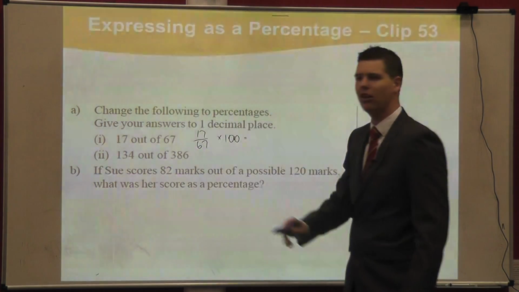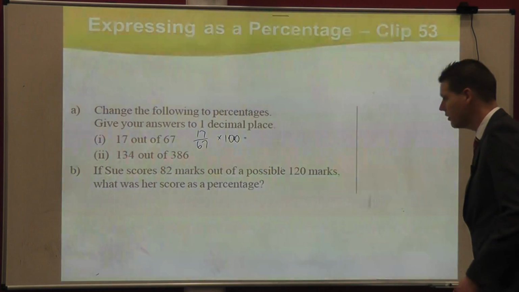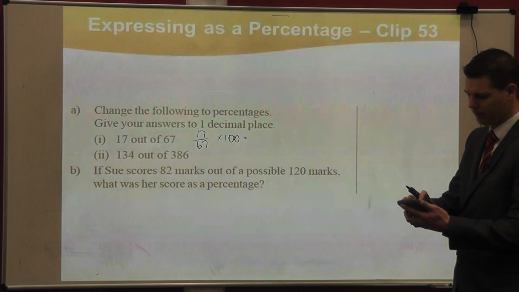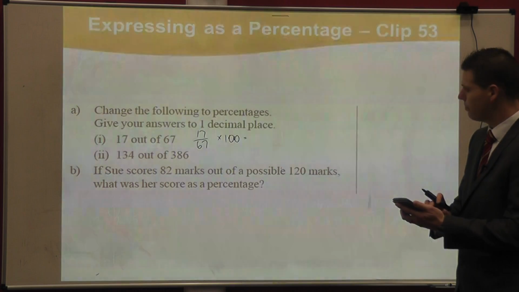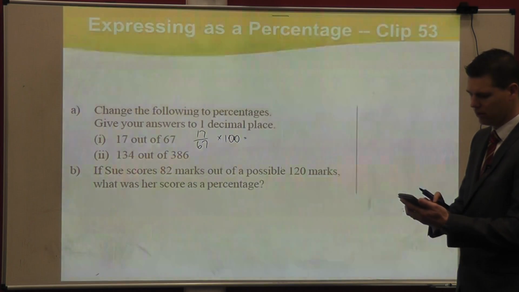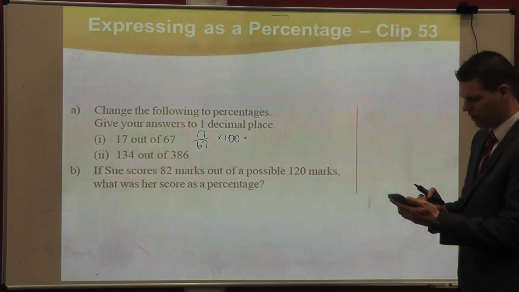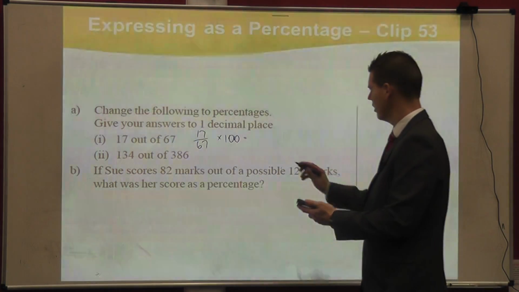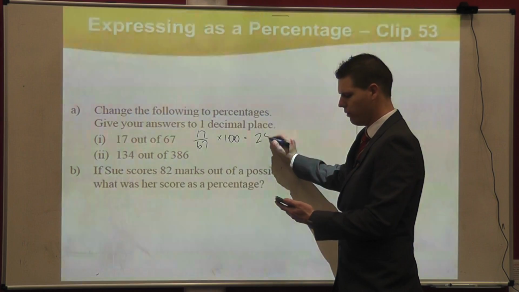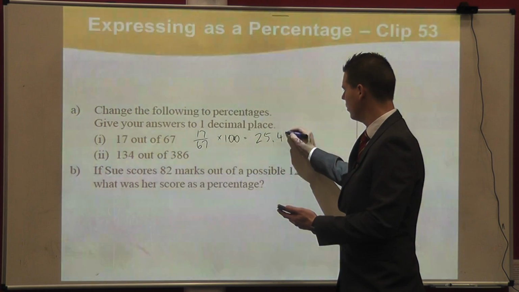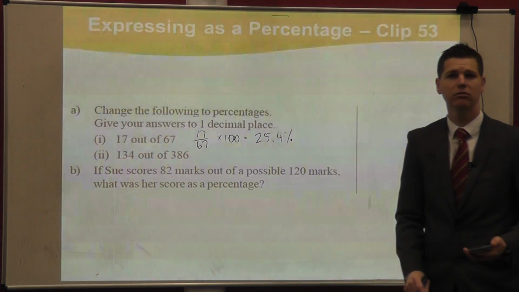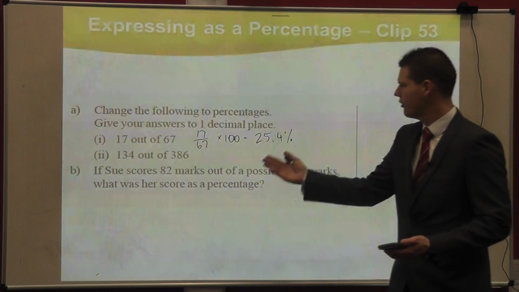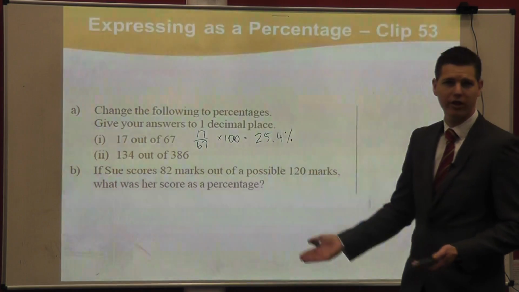Now I type it exactly like that into my calculator. So I end up with 17 divided by 67, 17 over 67, times by 100. And in this case, I ended up with, to 1 decimal place, 25.4%.